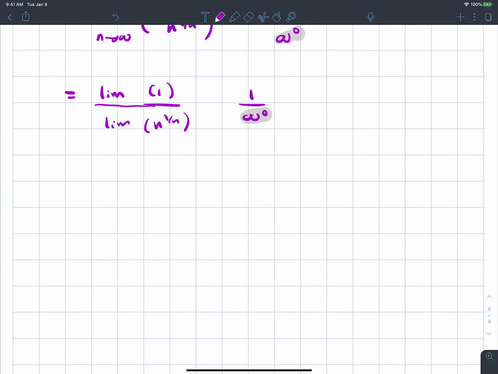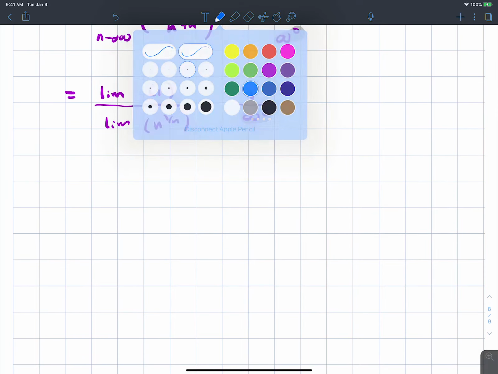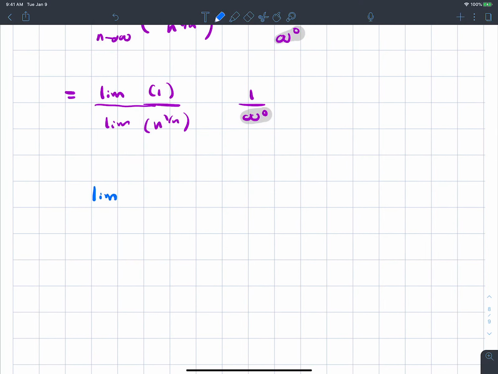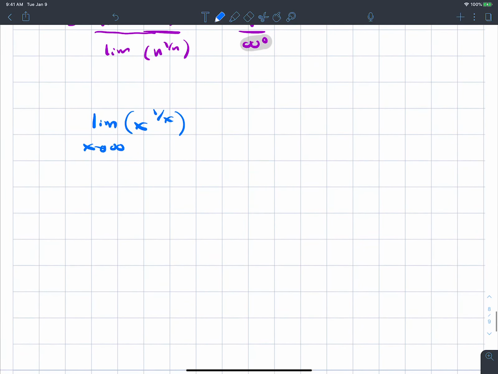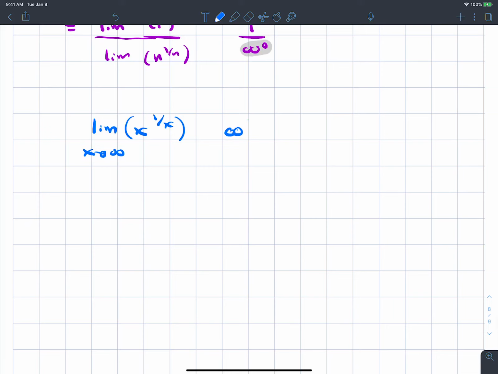In order to answer that question, we're going to have to go out to calculus and say, okay, we need the limit now of x to the 1 over x power as x gets big. We have to think about that situation, because this situation is infinity to the 0 power. It's an indeterminate power.